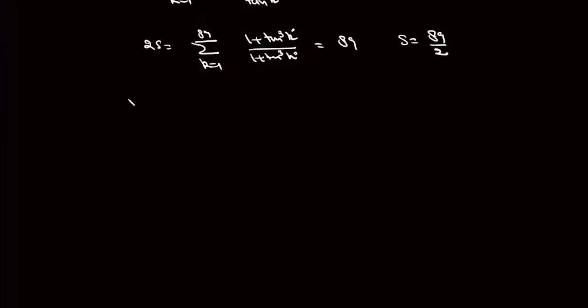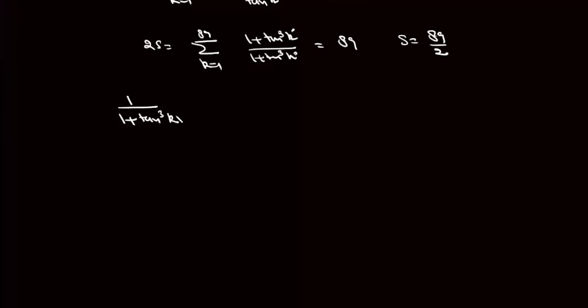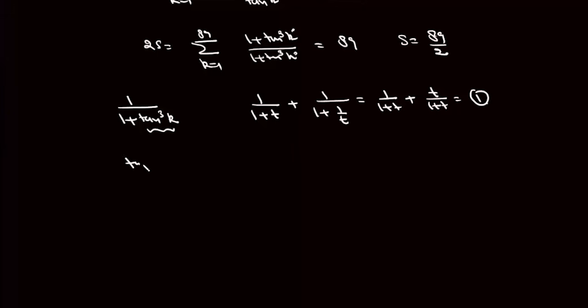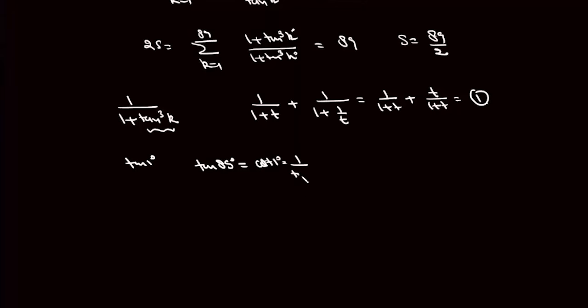we are given 1 upon 1 plus tan cube k. Now it is of the form 1 upon 1 plus t. Now if we take 1 plus 1 upon t, then it'll be 1 upon 1 plus t plus t upon 1 plus t. It'll be 1. We know that for tan 1 degree, we can write tan 89 degree as cot 1 degree, which is 1 upon tan 1 degree.